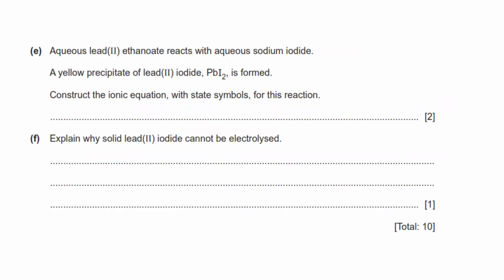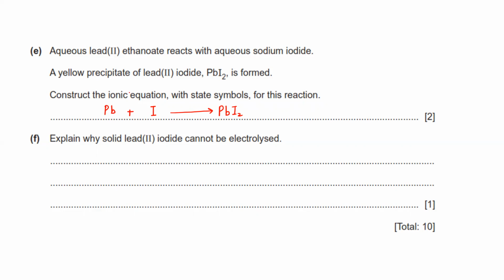So next part, it says aqueous lead ethanoate reacts with sodium iodide. It says a yellow precipitate of lead iodide, PbI2, is formed. Construct an ionic equation. So lead ethanoate, and the output is PbI2 and sodium iodide. So iodine is coming from here, and lead is coming from here.